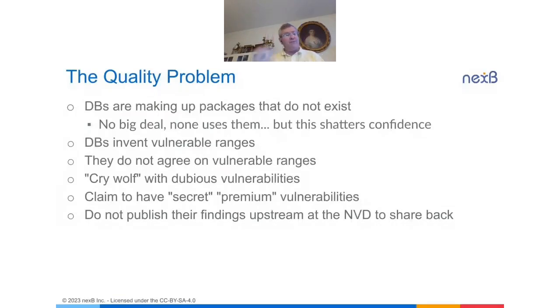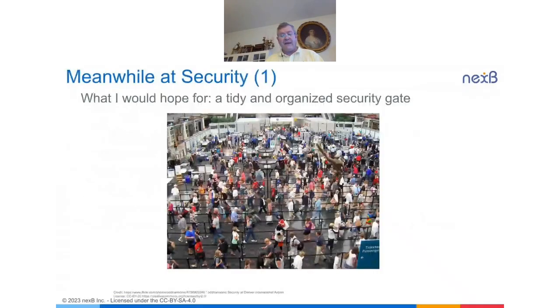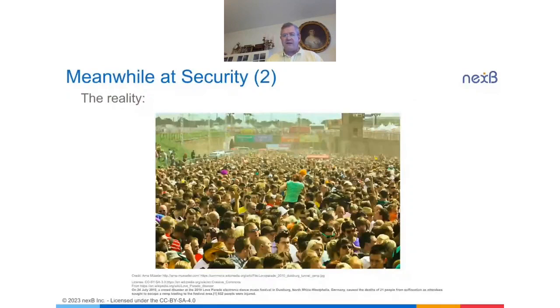And you know, in a security team, what I would expect is that I have a tidy and organized security gate. It can be messy. There may be a lot of vulnerabilities to triage, but at least there's some organization. But really what happens is this. It's a total mess.